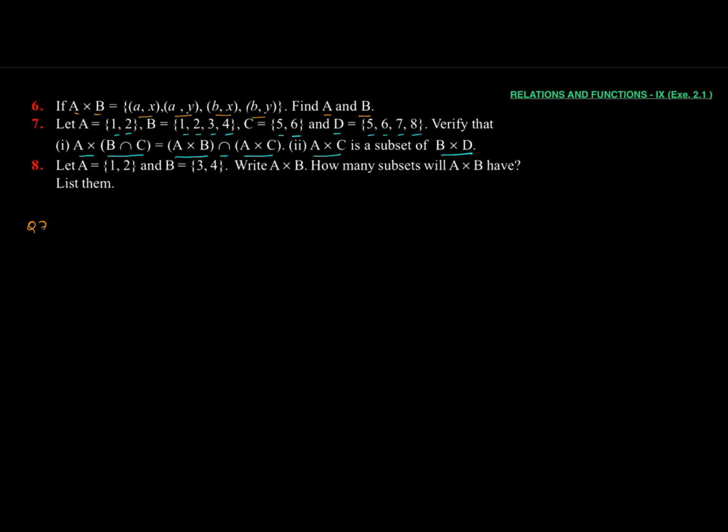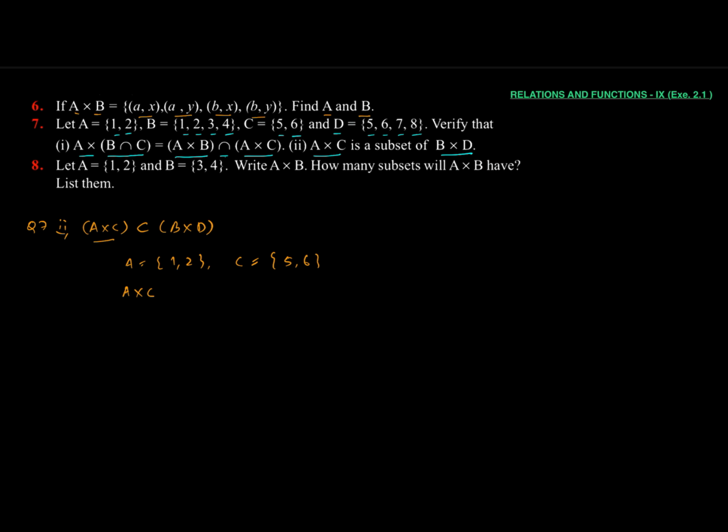Towards the second part, we'll have to show that A cross C is a subset of B cross D. Let us first determine what A cross C is. So we have set A with elements 1 and 2 and set C with elements 5 and 6.